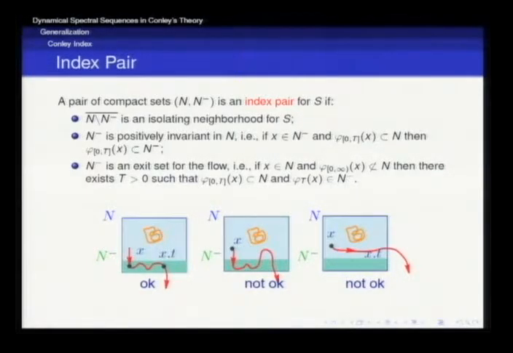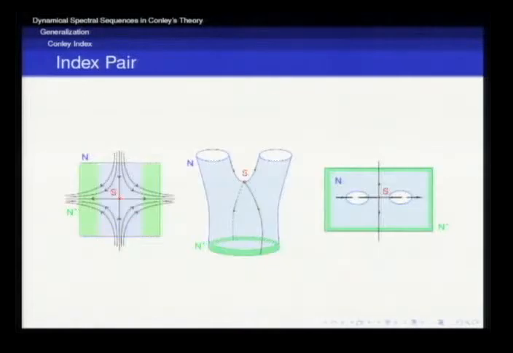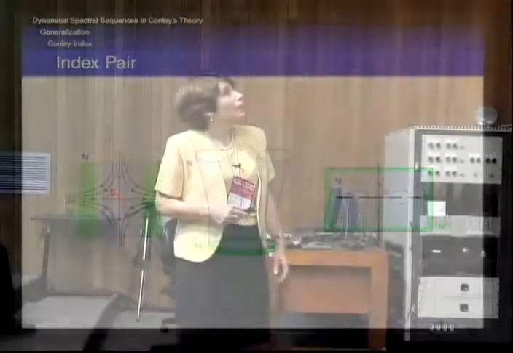So we just have to identify the exit set. So here are examples of a saddle. We identify the exit set to a point, and then since we're looking at the homotopy type, if this whole thing is identified to a point, we're left with an annulus, which is homotopy equivalent to S1. So that's the index pair.